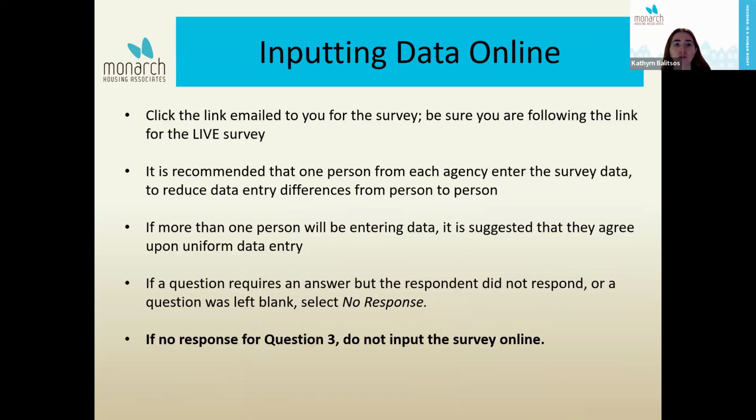Okay. If you're going to be inputting data online, you're going to click the link that was emailed to you for the survey. Be sure you are following the link for the live survey. There was a practice survey. You want to make sure it's the live survey. We're recommending that only one person from each agency enter the survey data, just so it reduces any data entry differences from person to person.